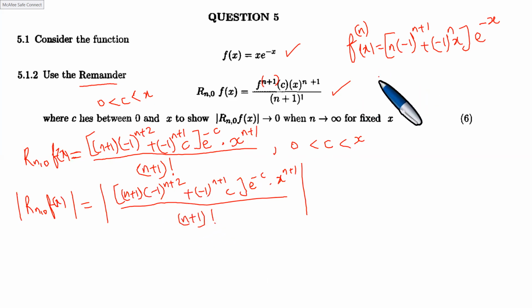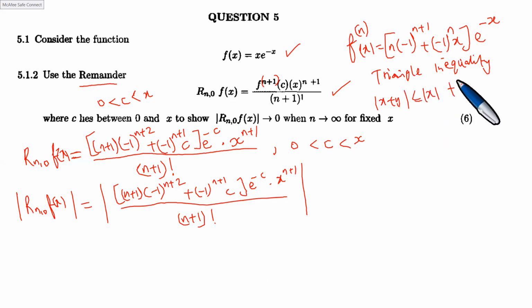Triangle inequality. What does the triangle inequality say? So we have this, which is less than or equal to the following.